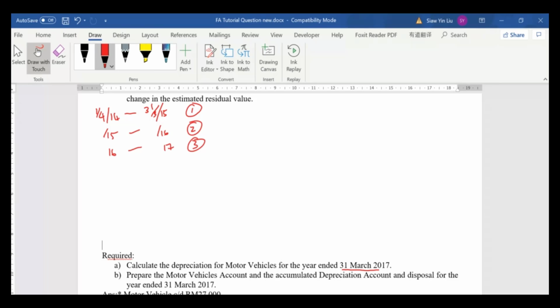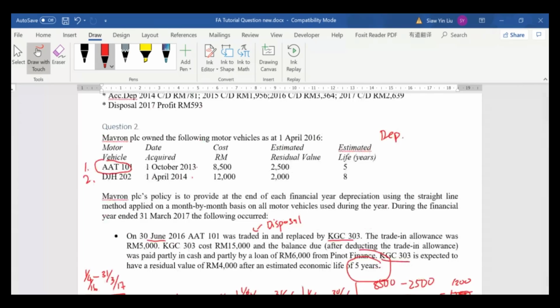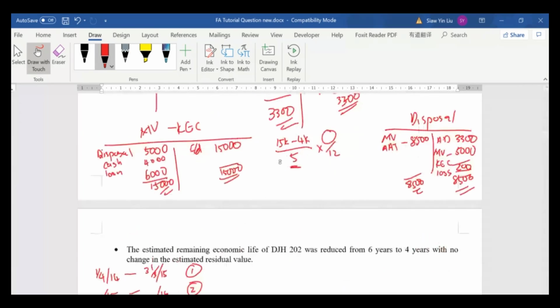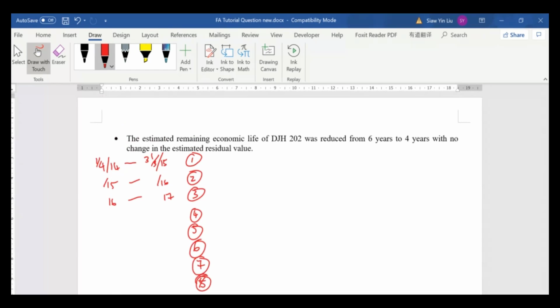Now, according to the question just now, useful life is 8 years. Means that I'm supposed to use until year 4, year 5, year 6, year 7, year 8. Okay now guys? So here, if you look at this, they want to reduce from 6 years to 4 years.